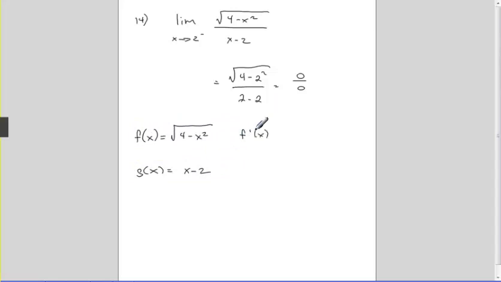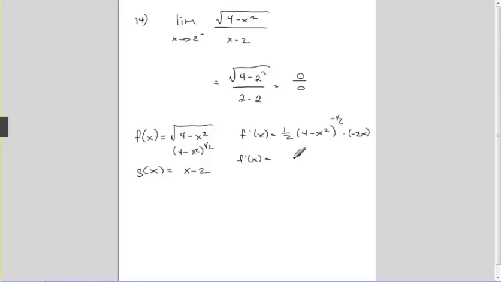So f prime of x is going to be equal to, okay, let's remember what we're doing here. This is 4 minus x squared to the 1/2 power. So we'll get 1/2 times 4 minus x squared to the minus 1/2 power, and then we'll multiply by the derivative of what's inside the parentheses, which is negative 2x.